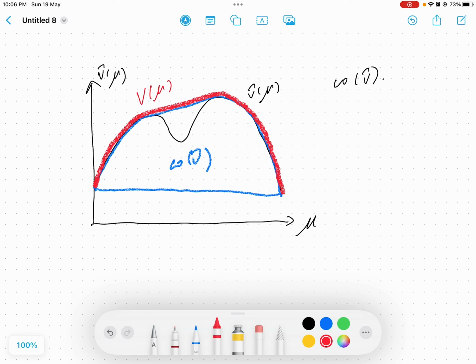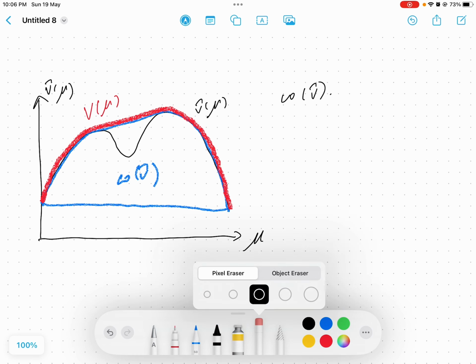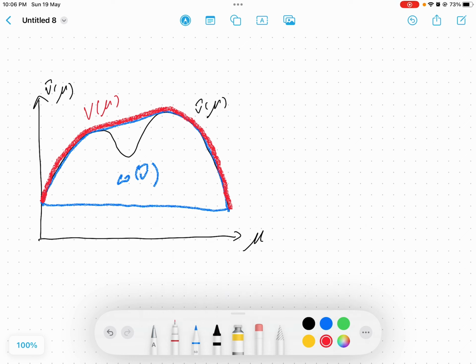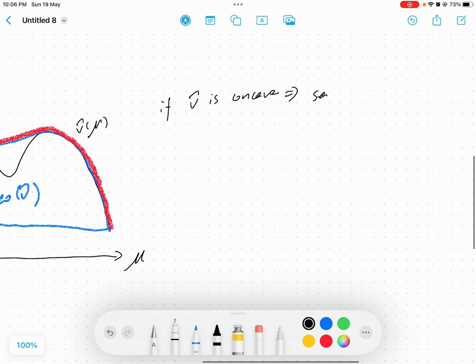So as we mentioned, if v hat is concave, then the sender does not benefit from any persuasion for any prior.